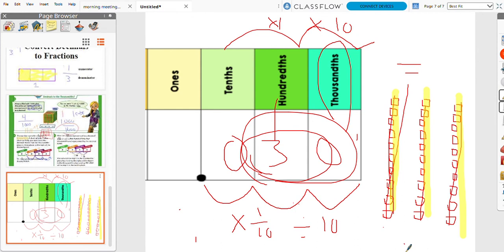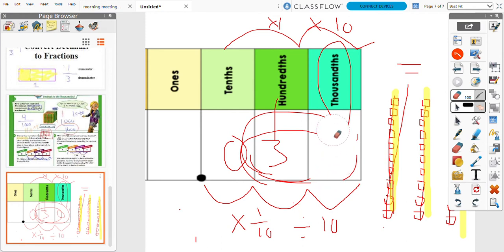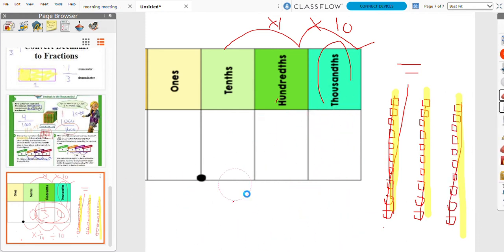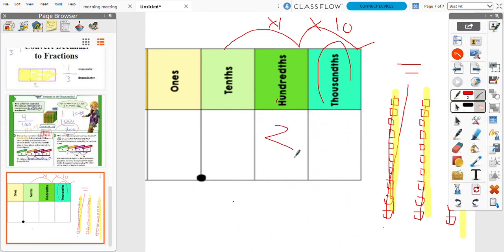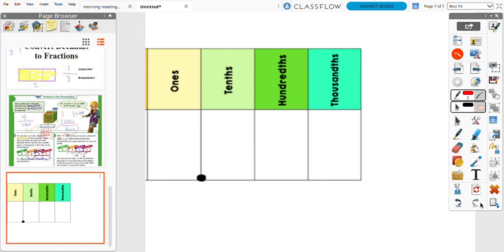The yellow lines that I highlighted are your hundredths groups, and if we divided those into 10, by creating 10 little squares here, you would have 30 thousandths. They are equal. And a lot of times you can just drop that zero and rewrite it as 3 hundredths. So that's how we go from decimal to fraction.